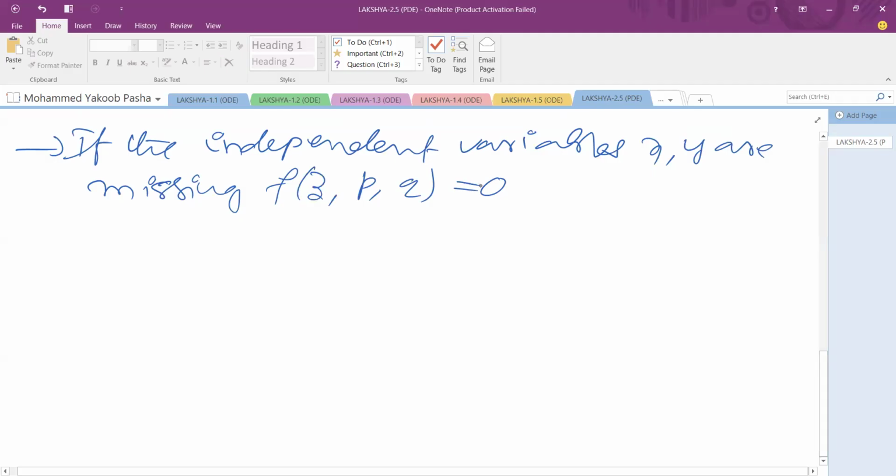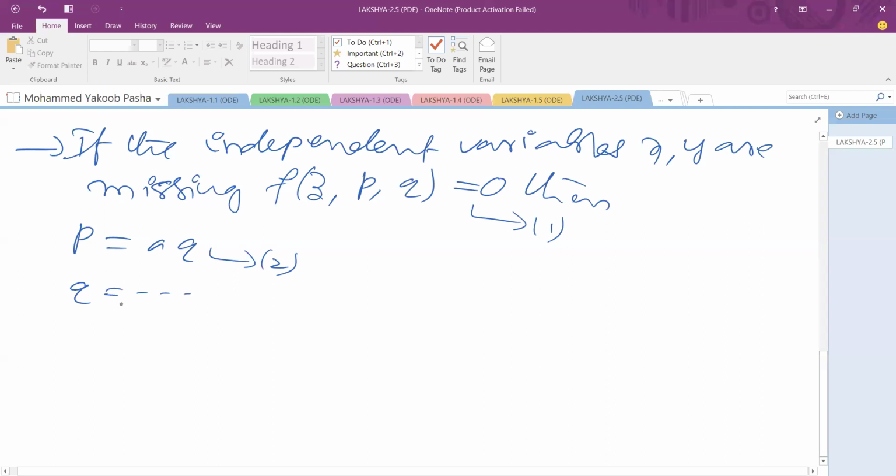So from the Charpit's auxiliary equations, we have p = aq. Let it be equation number 1, and this is equation number 2. And substitute the p value in equation number 1, we will get a q value.